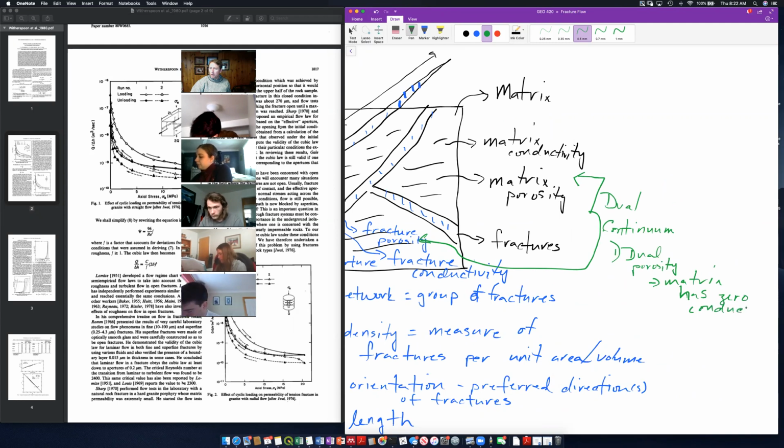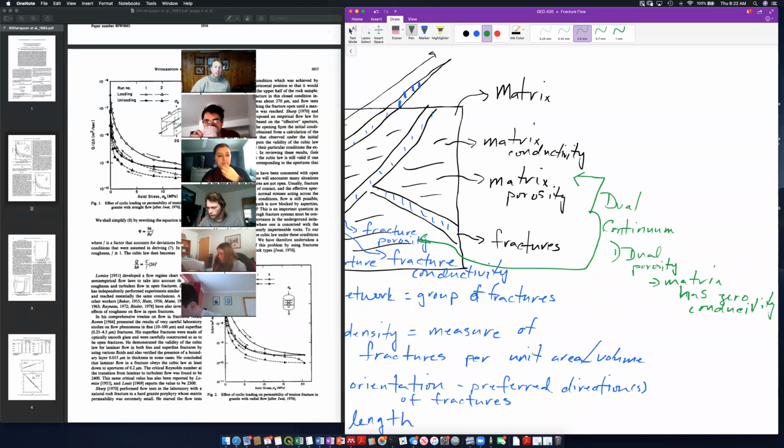So all the fluid flow is in the fractures. There's always some hydraulic conductivity to the matrix, but it is often much, much lower than the fractures.